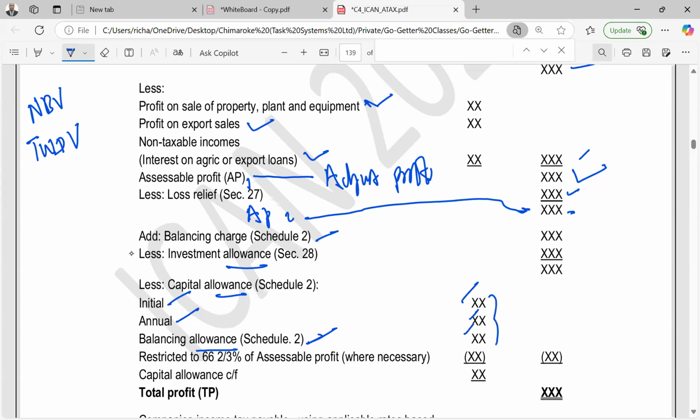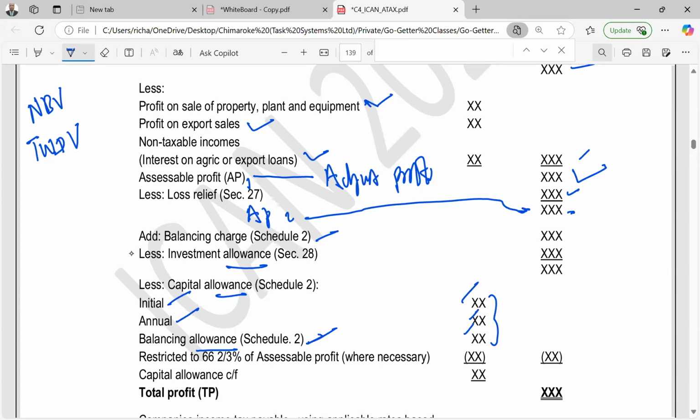These three, when we add them together, we are supposed to compare them with two-thirds of our assessable profit, because the capital allowance is restricted.